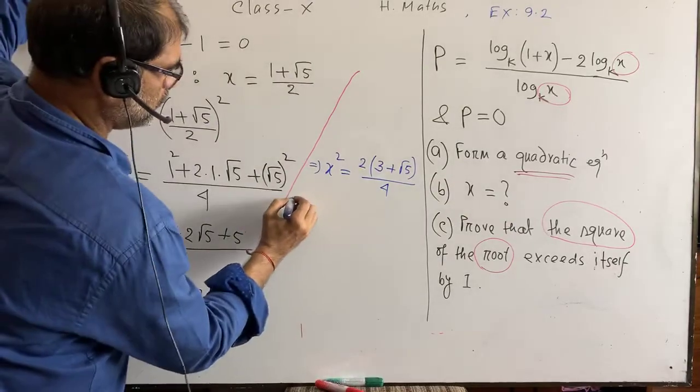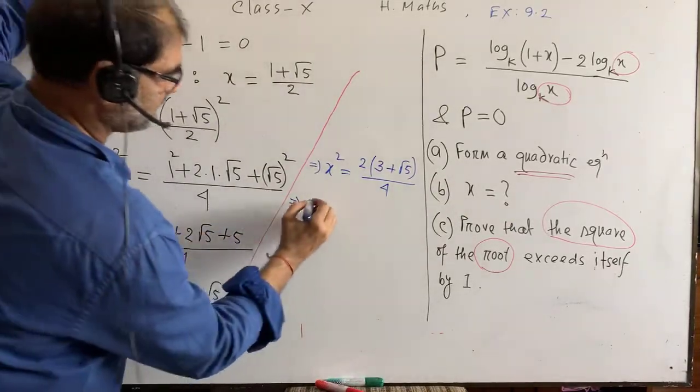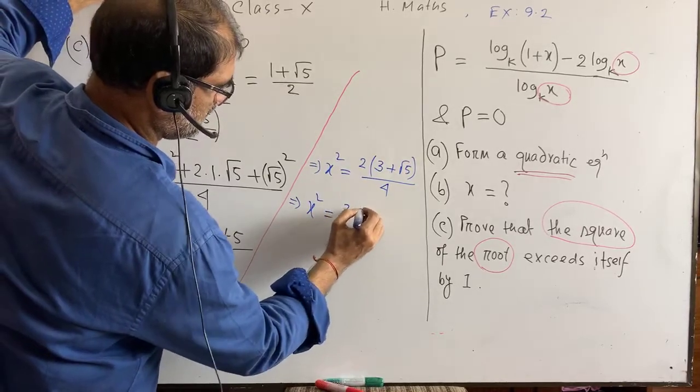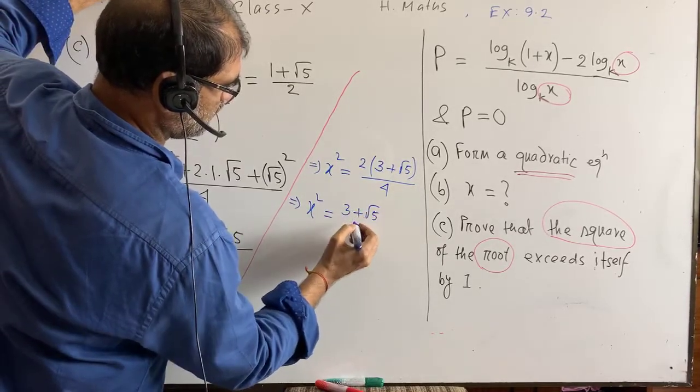Now we can calculate x square is equal to 3 plus root 5 by 2.